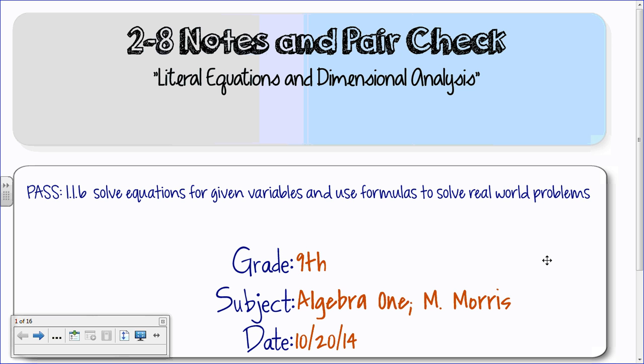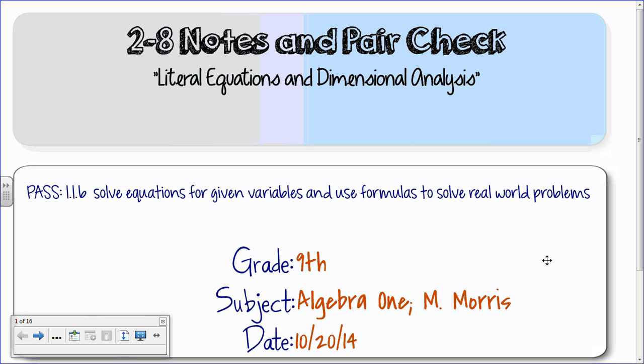This is the last section in chapter 2. And basically, in my opinion, everything that we've done up to this point in chapter 2 is leading up to this section right here.